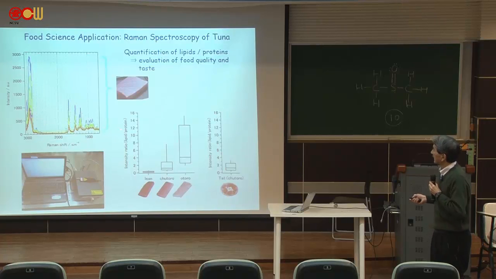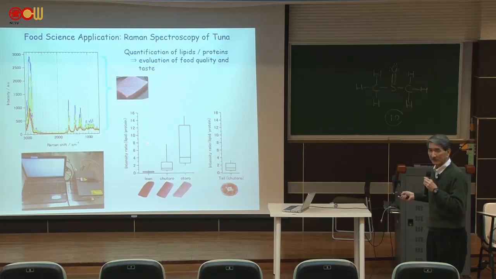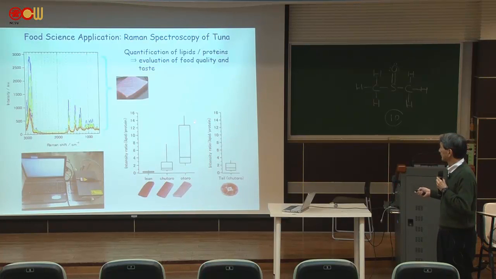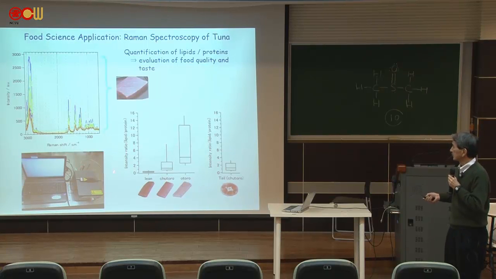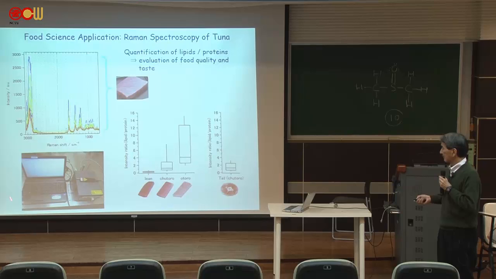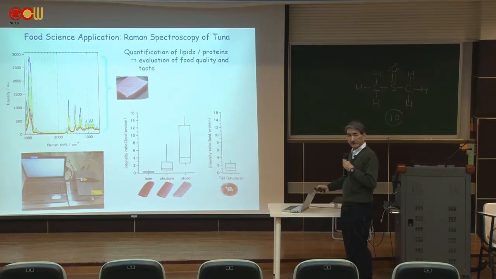And here we can just measure these different parts. And here is the content of the fat or lipid contained. So in the toro part, we have a lot of lipids. That makes toro so tasty. You can see this white color that comes from the lipids. But if you go to lean, it's very small. And you can actually use this kind of portable Raman spectrometer, which is, the computer is the same as this one.